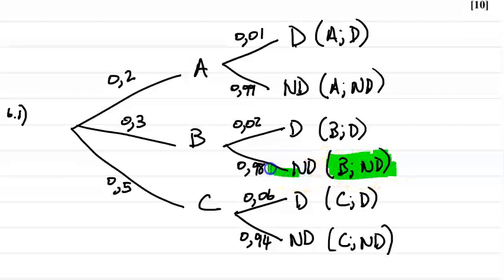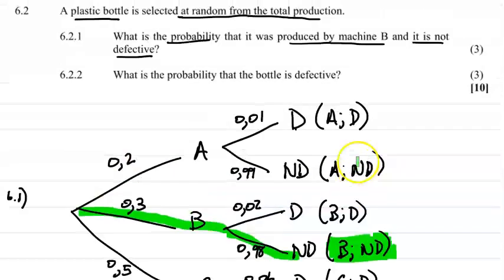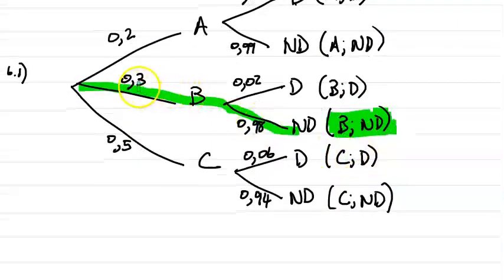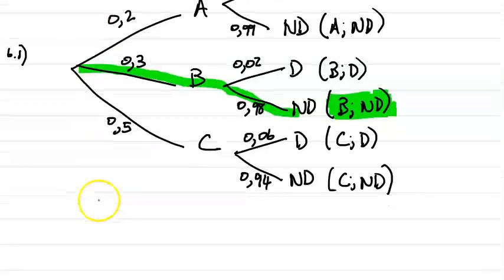So we have to now follow this down to the root. Machine B and not defective will be 0.3 times 0.98. So we need to multiply out the probabilities.